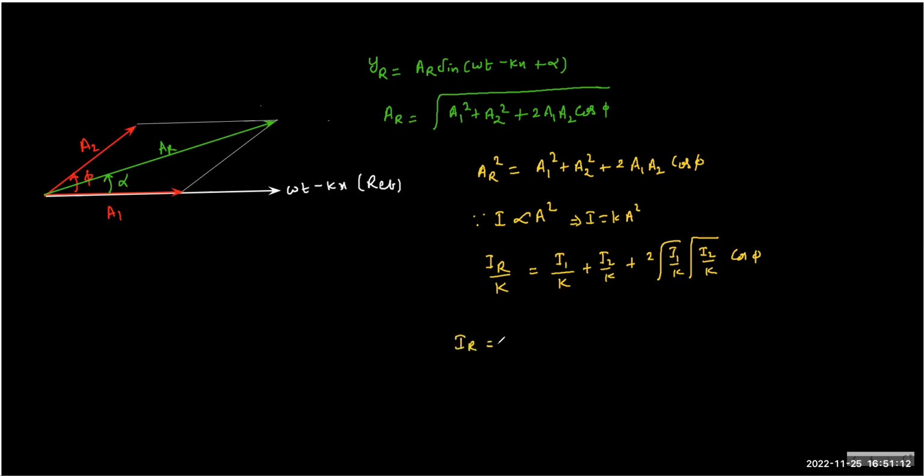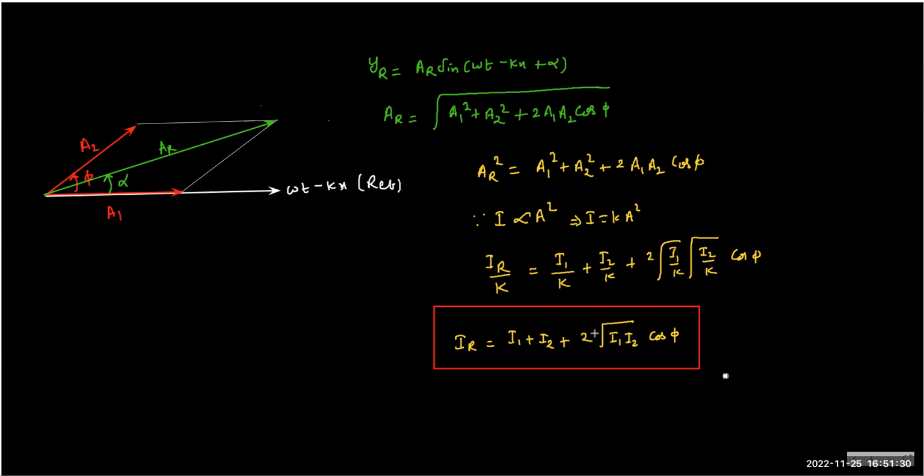So this will give you the answer. So IR is I1 plus I2 plus 2 under root I1 I2 into cos phi.